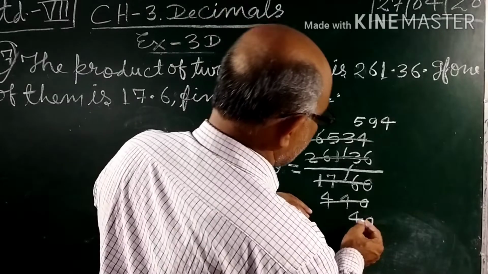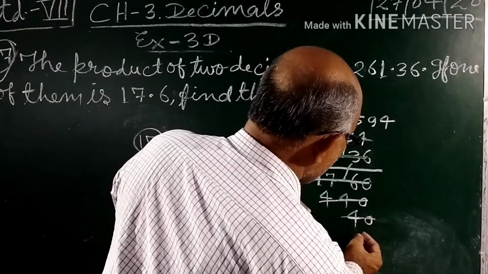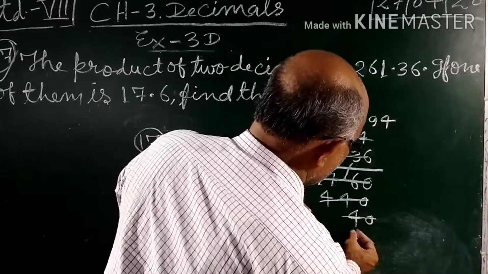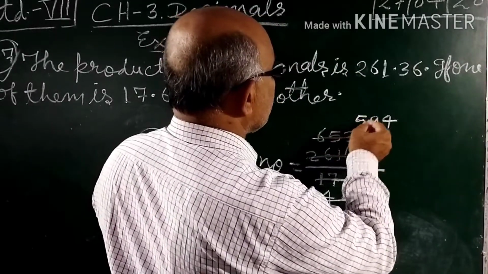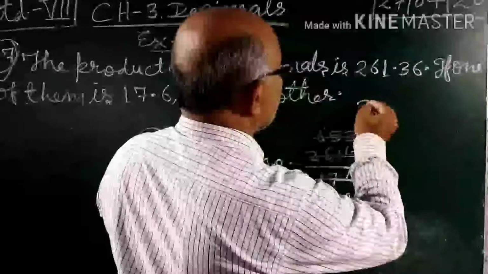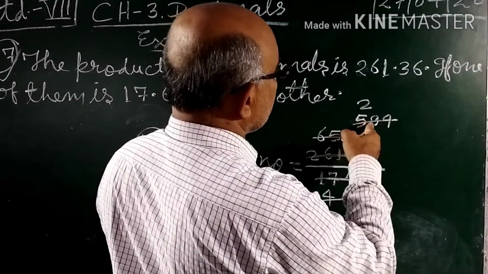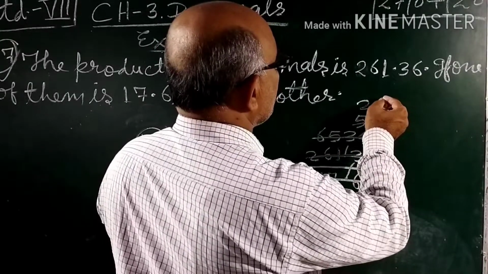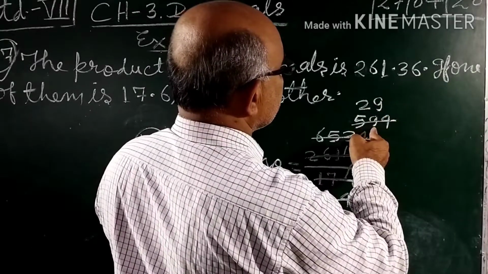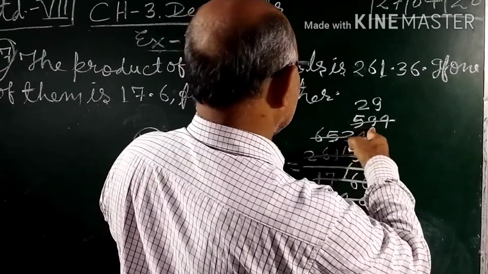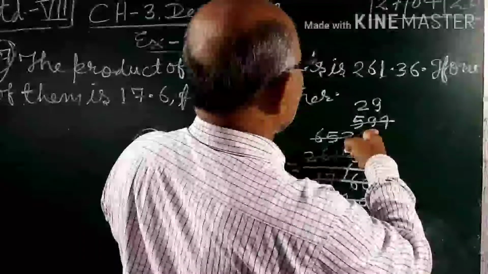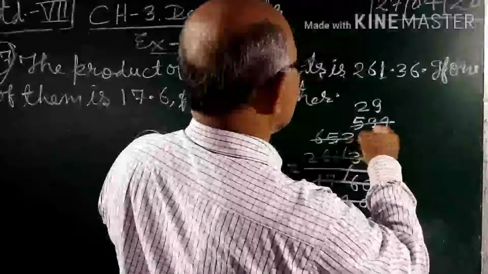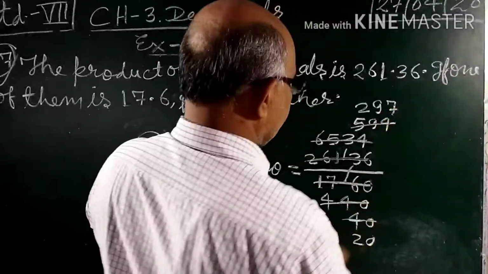Now cancel by 2 times. It is also cancelled 2 times. 2 twos are 4. 2 nines are 18. And 2 sevens.